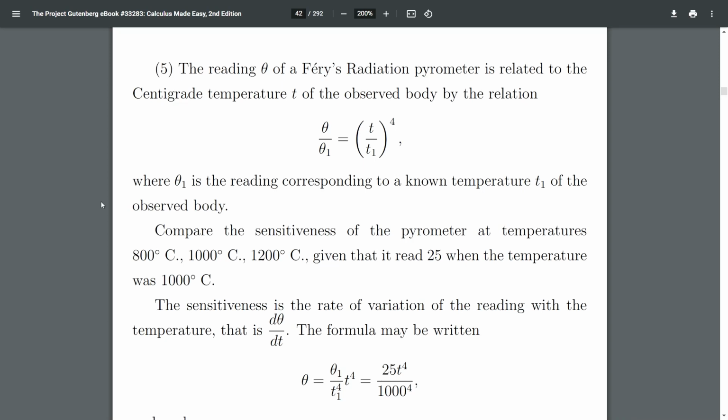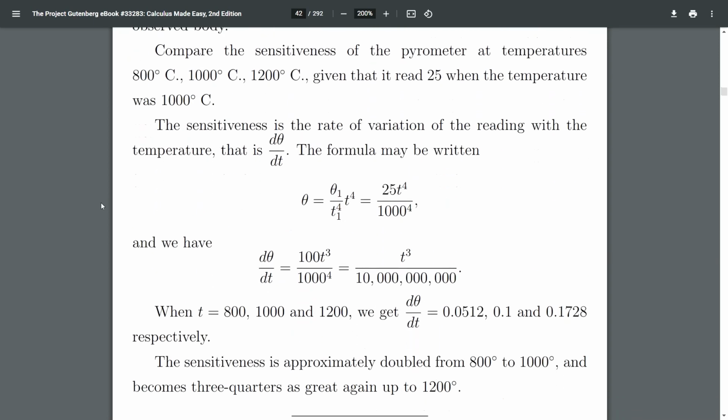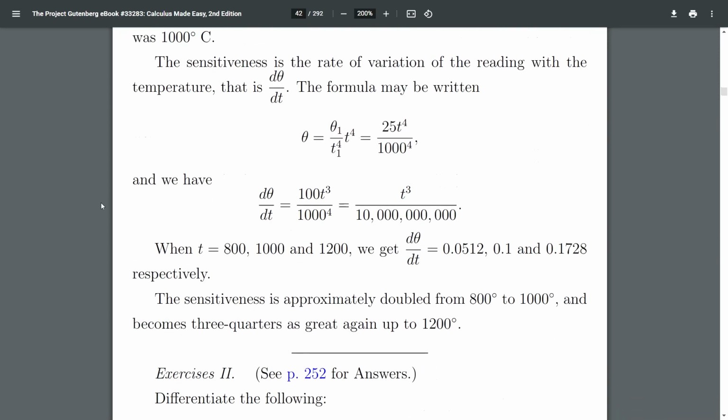The formula may be written theta is equal to theta 1 over T1 to the power 4 times T to the power 4, which is equal to 25 T to the power 4 divided by 1000 to the power 4. And we have d theta over dT is equal to 100 T to the power 3 divided by 1000 to the power 4, which is equal to T to the power 3 divided by 10 billion.